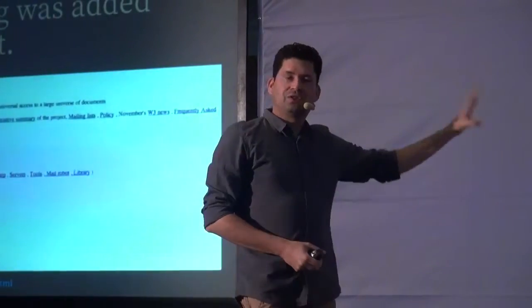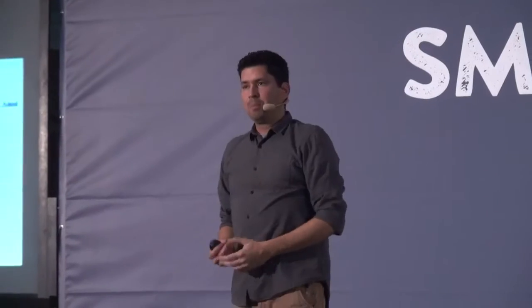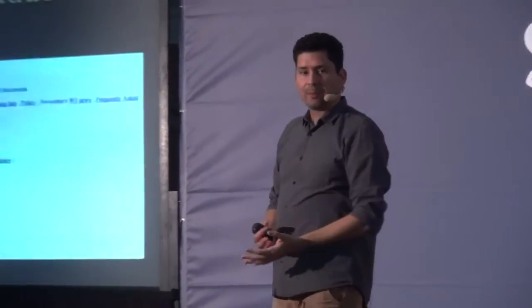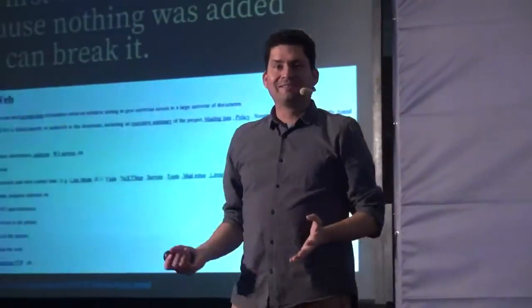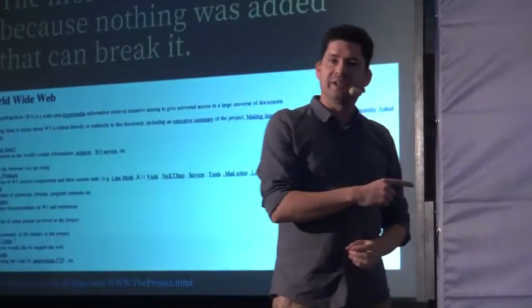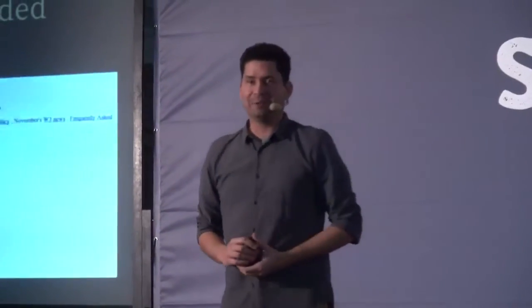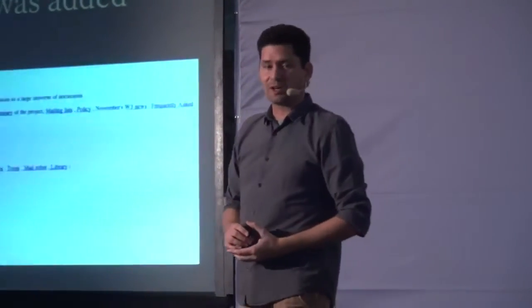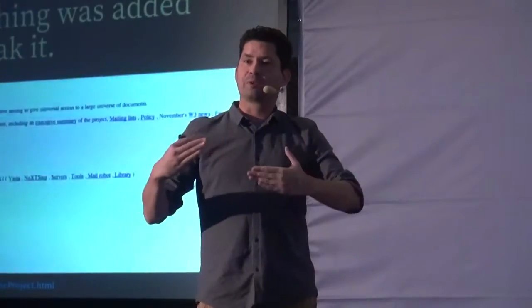Lots of people show the world's first web page as an example, and they do because it's a great example. Nothing was put into this page that can break it, so it works literally everywhere. It works now. I know that Tim Berners-Lee was not thinking, oh, this is going to work on the iPad later. It doesn't look very pretty, but that's something we can handle with progressive enhancement.